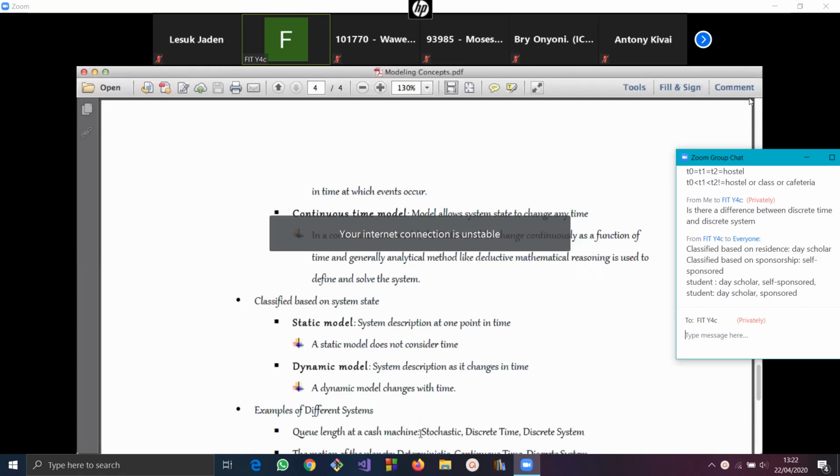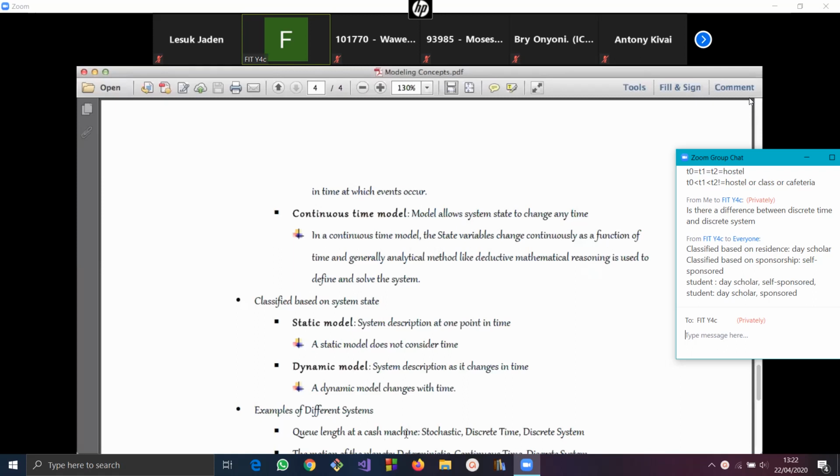So when you come down here, we have a system, a queue, this that we are calling a queue length at a cash machine. So we are saying it has an element of probabilistic, and therefore it's stochastic. And then its time is discrete. It can't be continuous, it's discrete. So generally, therefore, that system that you are going to come up with is what we call a discrete system.